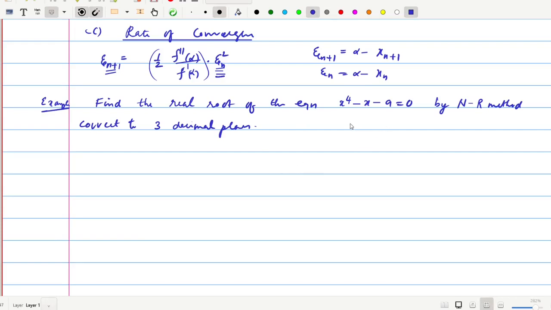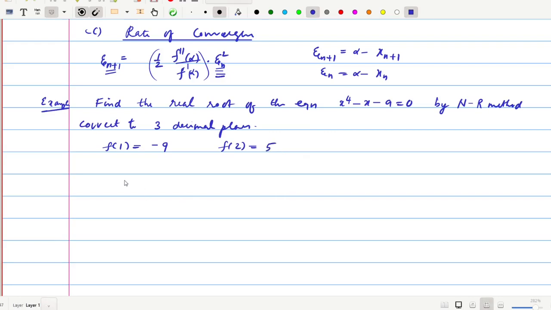First of all, we need to get the initial approximation. We evaluate f of 1, and you will get the value as minus 9, since the first two terms, 1 minus 1, cancel to 0. Next we evaluate f of 2. F of 2 is a positive quantity, that is 16 minus 2 minus 9, that is 5.